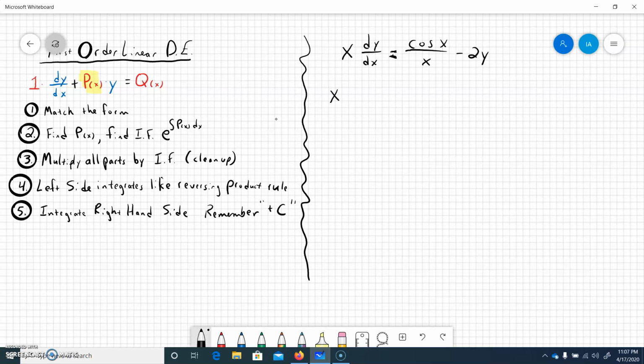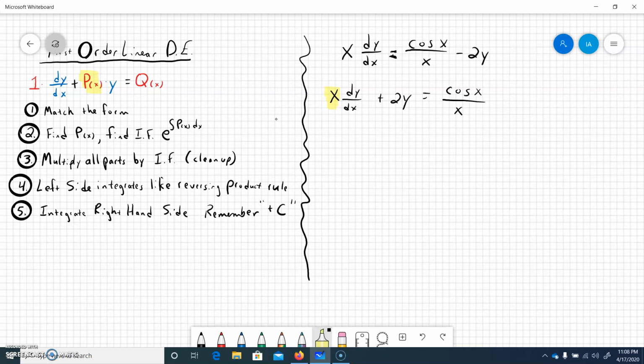Let's keep the dy dx expression on the left hand side, and let's move the y expression over, and then we will still have the other part of the right hand side. Now there is a problem here. What's in front of the dy dx is not 1.